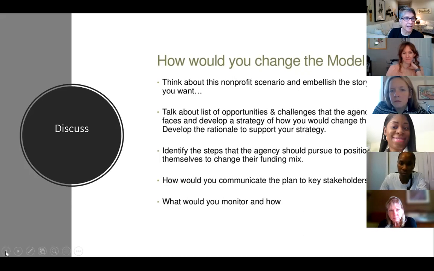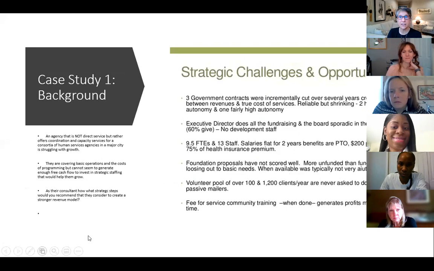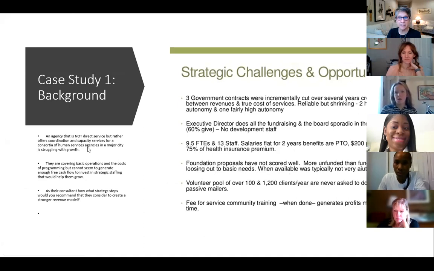So why don't we go back? We'll take a look again. 3 government contracts that are getting cut. There's some reliability, but it's shrinking. 2 have low autonomy, 1 high. You've got an executive director that does all the funding, the board's sporadic, no development staff.